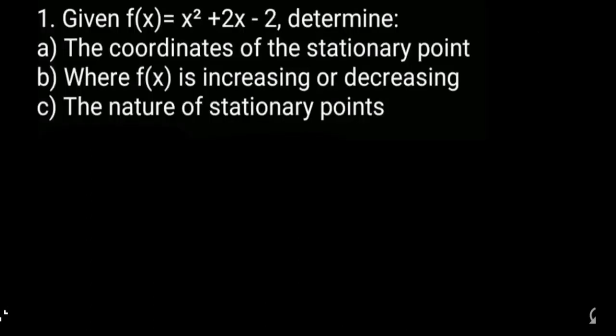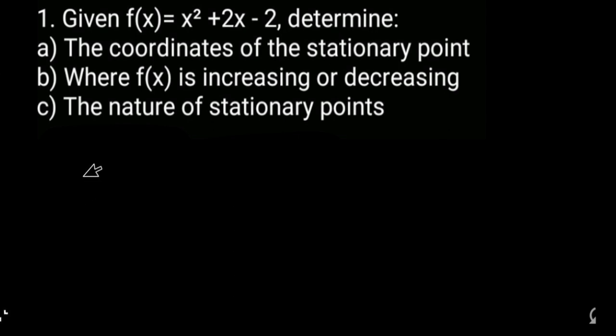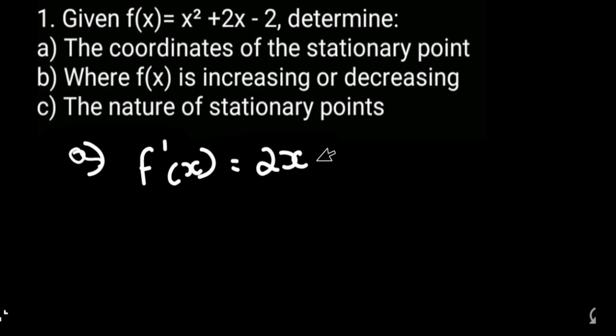Number 1. Given f of x is equal to x squared plus 2x minus 2, determine the coordinates of the stationary point. To determine the coordinates of the stationary point, we first need to find the first derivative. If you differentiate this function, you get 2x plus 2.